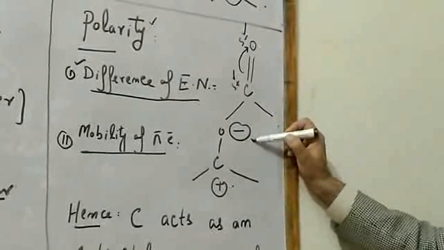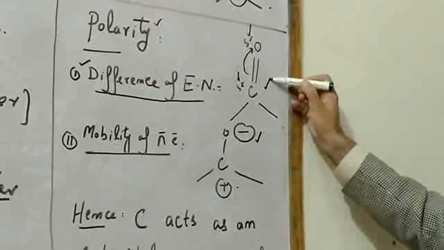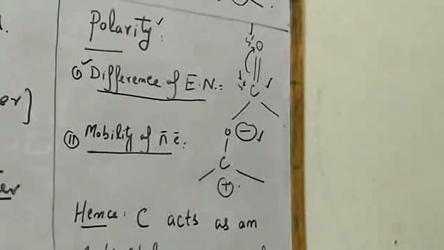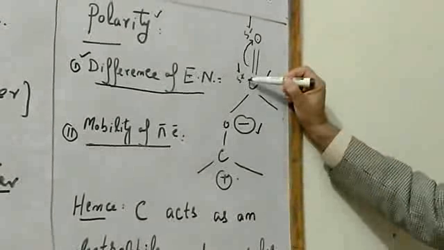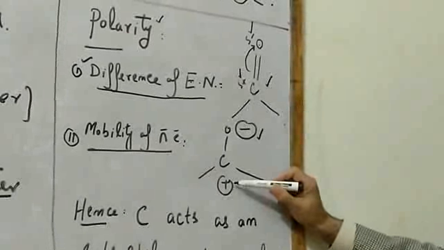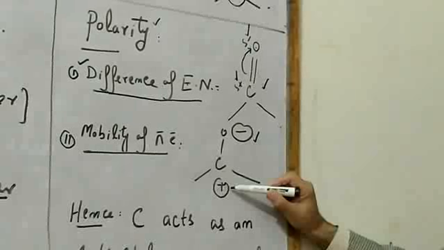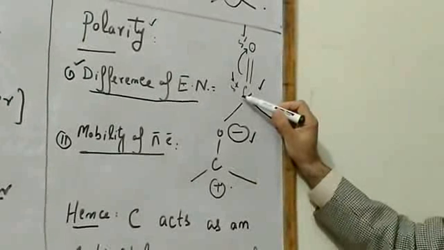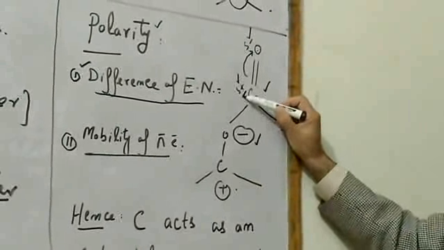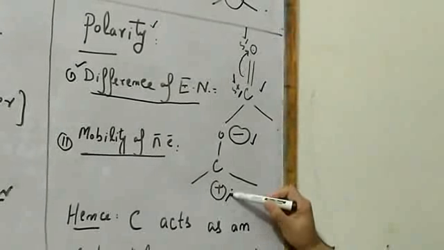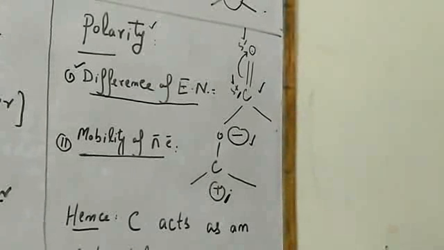So here we have complete polarity and there we have partial polarity. Whether it is partial or complete polarity, in any case carbon bears a positive charge, maybe a slight positive charge or maybe a complete positive charge.